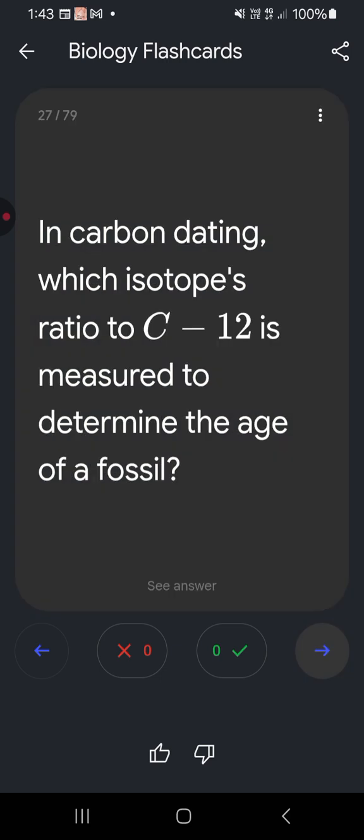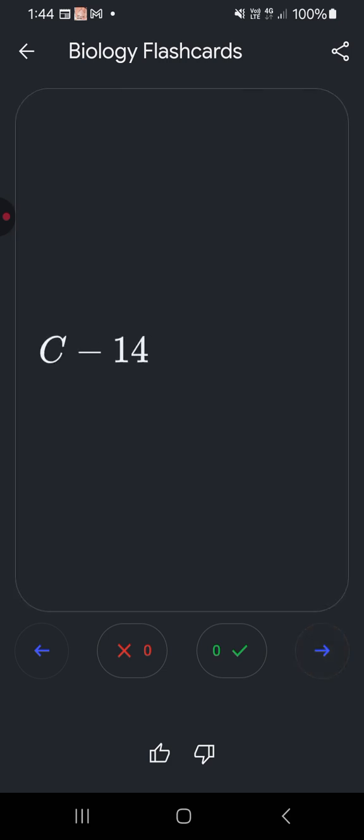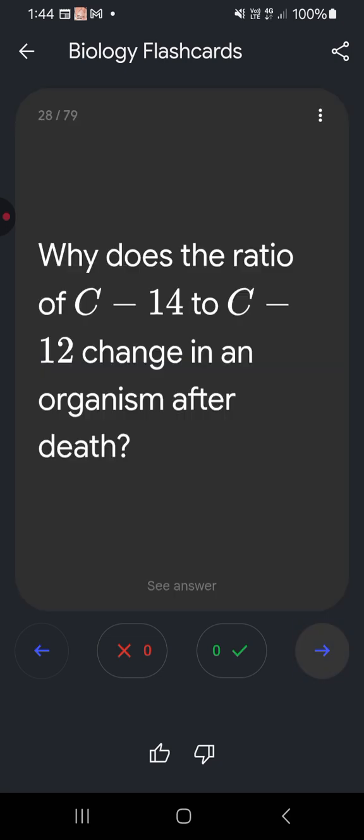In carbon dating, which isotope's ratio to C12 is measured to determine the age of a fossil? It is C14. Both are isotopes of carbon, carbon 12 and carbon 14. Why does the ratio of carbon 14 to carbon 12 change in an organism after death?